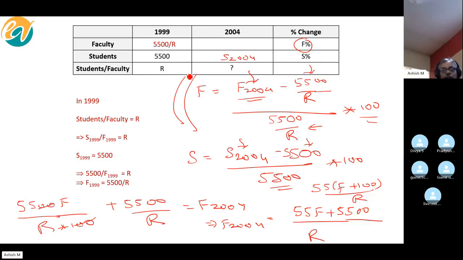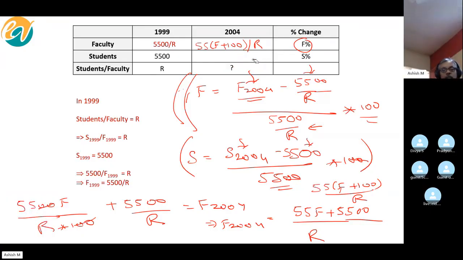So 55F plus 100 upon R, correct? Now we find out S 2004 using this, correct? So this anyway gets cancelled. So I think this is easy. S 2004 is how much? 55S plus 5500, correct?